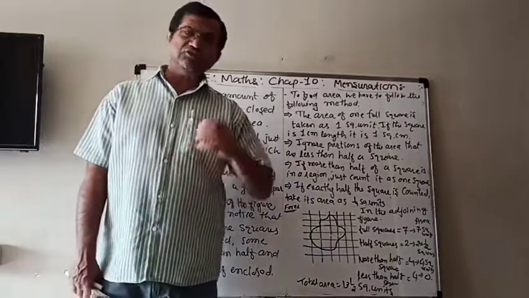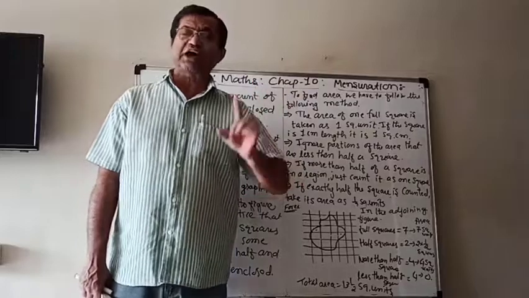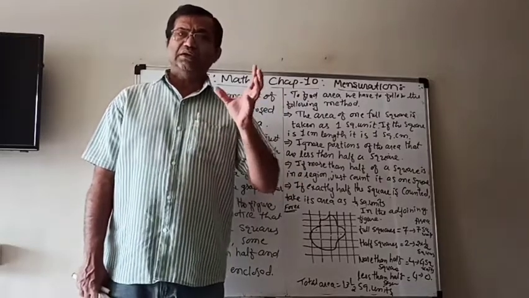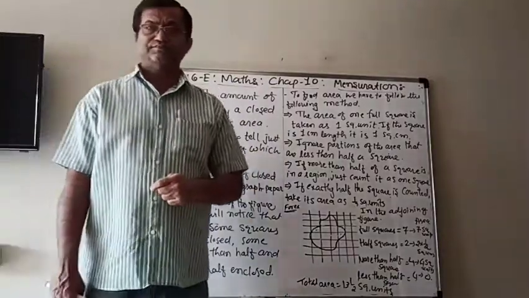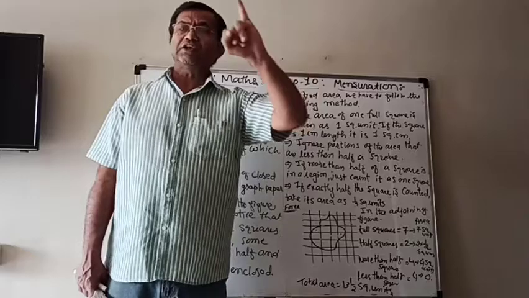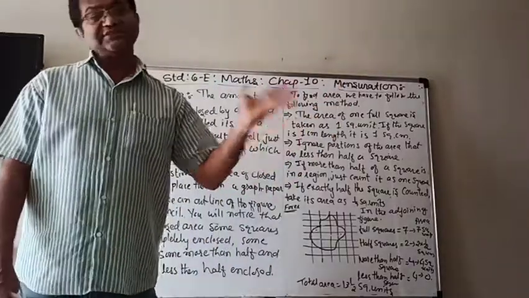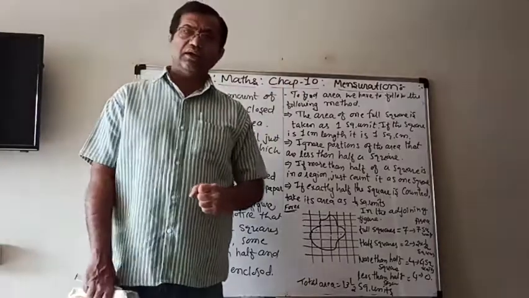In this situation, what will we do? Within that enclosed figure, first count the squares in 4 categories. Fully enclosed means the whole square is enclosed within that figure. Count the number of those.